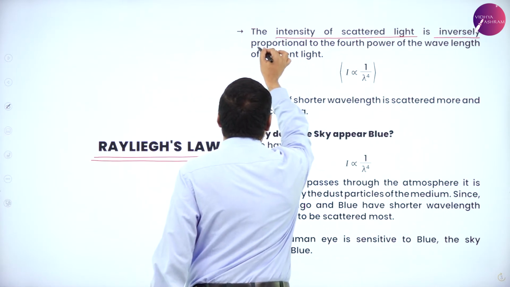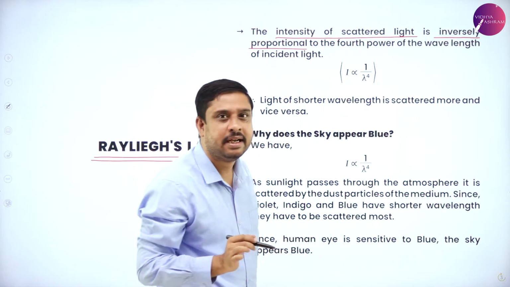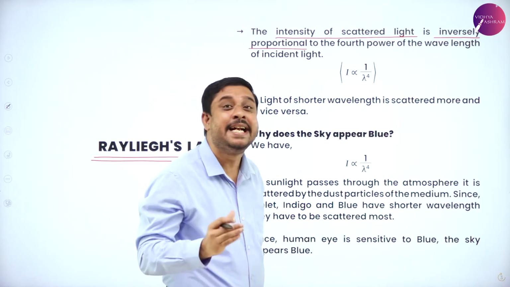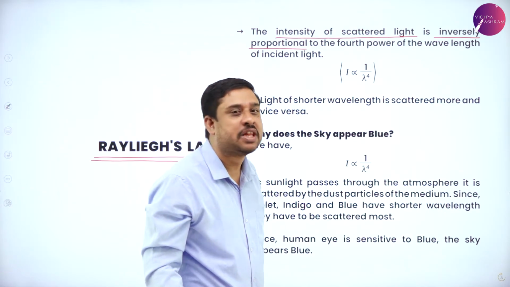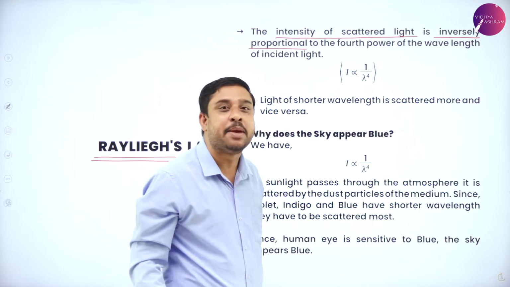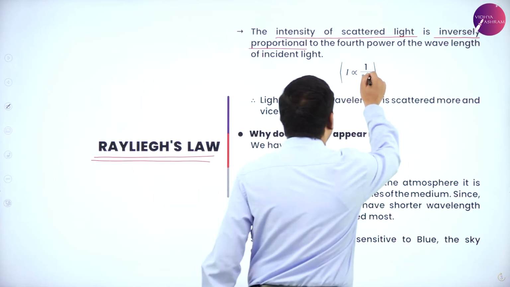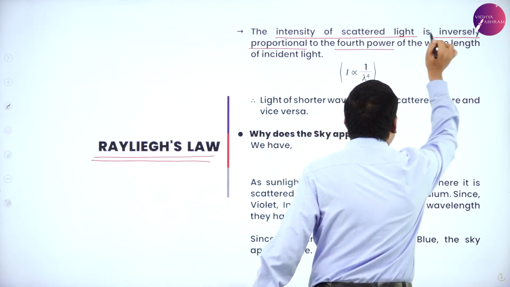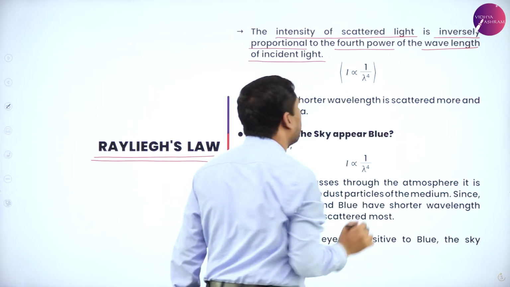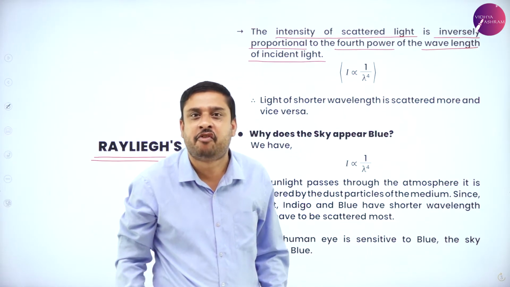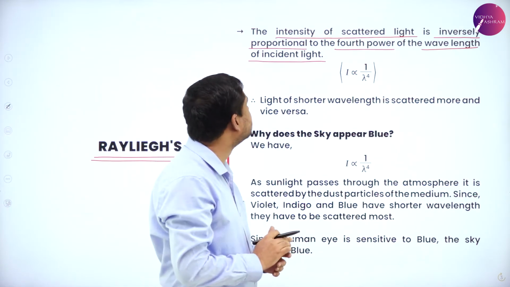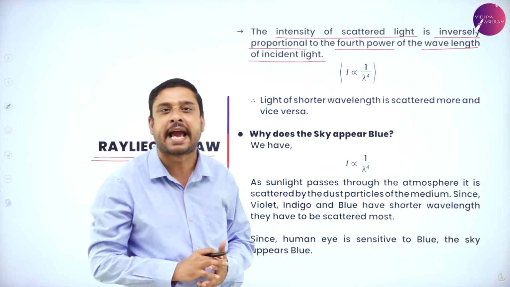is inversely proportional. Direct alla, inverse. The intensity of the scattered light is inversely proportional to the 4th power of the wavelength of incident light.